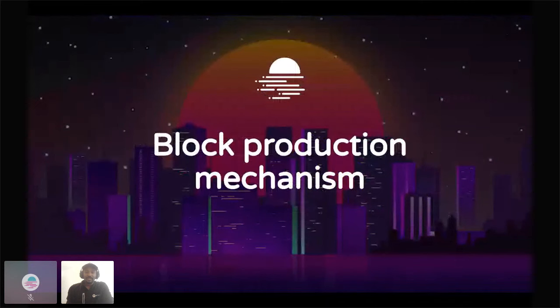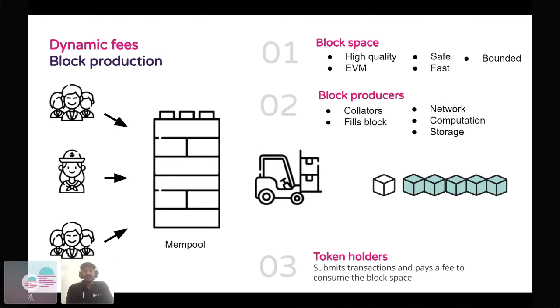So the block production mechanism in Moonbeam is a bit special because Moonbeam is a network, a blockchain, and if we see this network as a company, what we are selling, in a sense, is block space. And block space is of high quality in Moonbeam because we provide EVM compatibility. So basically, users are able to profit from the DeFi ecosystem, NFT interactions, and many other things.